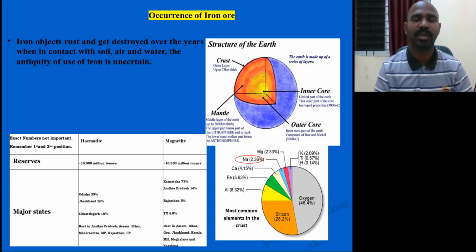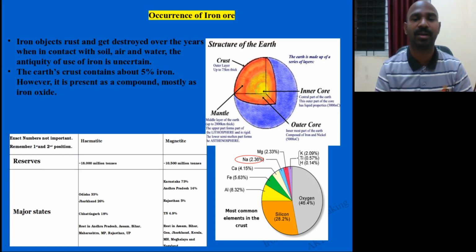That is why you cannot find iron objects as iron for many years. Iron also occurs at around 5% in the earth's crust. The 5% iron is not pure iron. It is in compound form, a mix with oxygen. That is why it is called iron oxide.